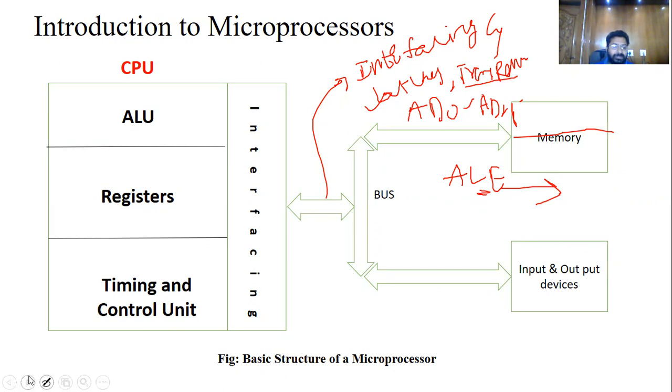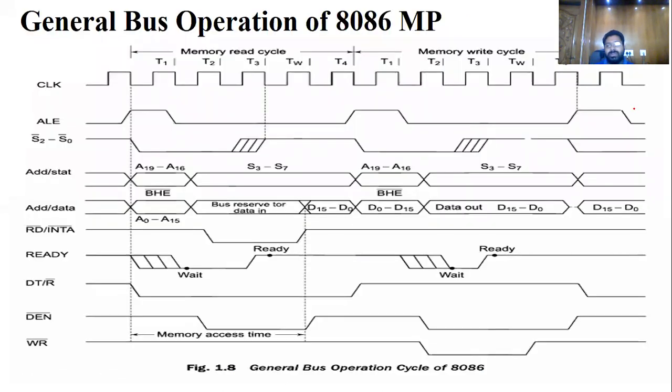In the last class we already saw the general bus operation of the 8086 microprocessor, nothing but the memory read cycle and memory write cycle. For the read cycle, the microprocessor requires four cycles.